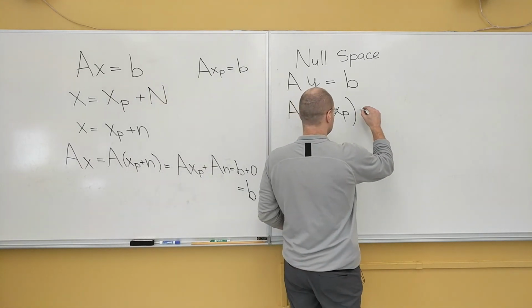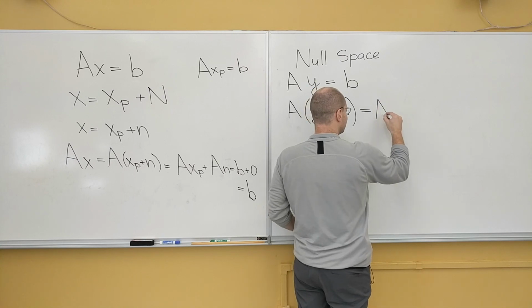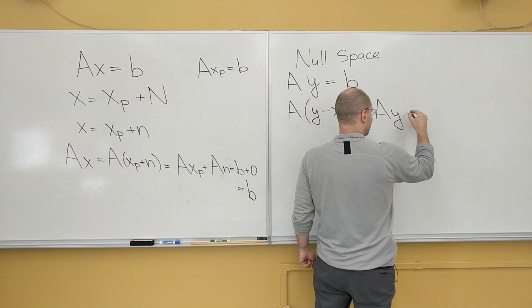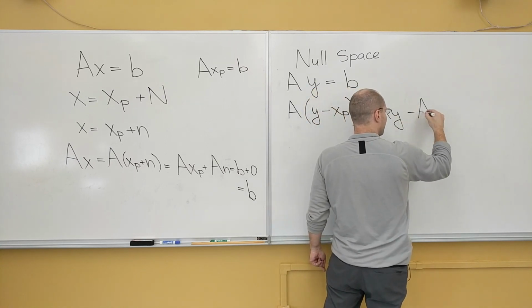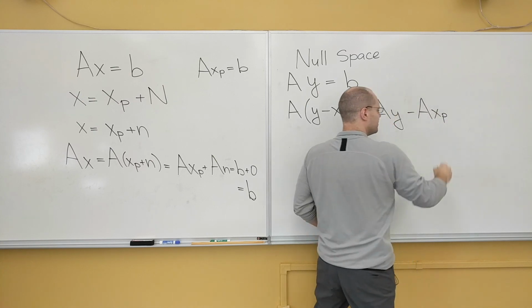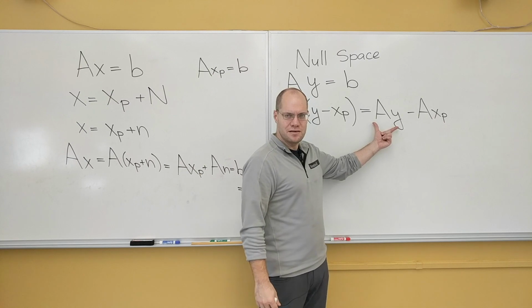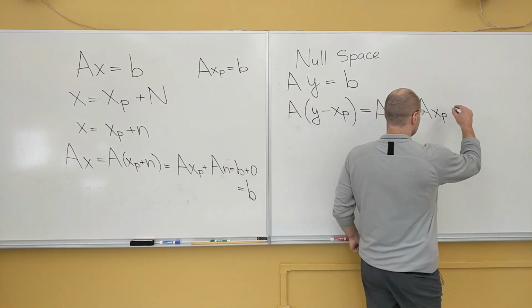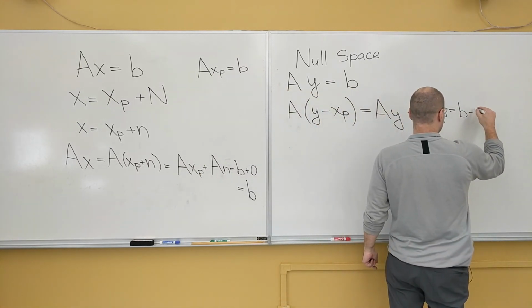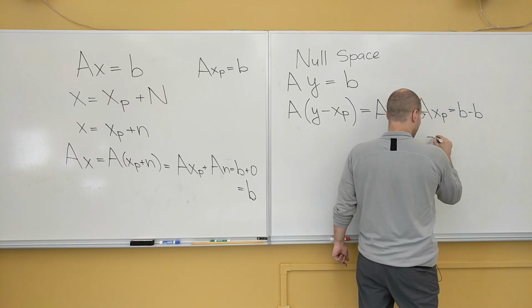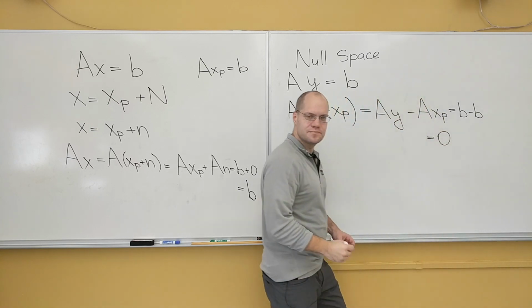So using the distributive law it becomes AY minus AXP. Great. We know that this produces B, and this produces B, so we have B minus B. So we have 0.